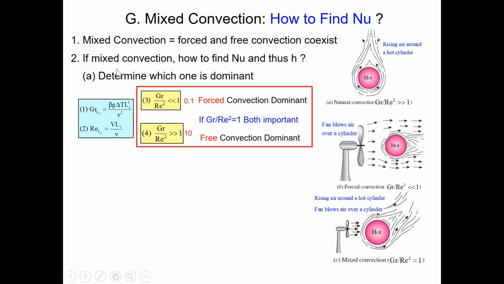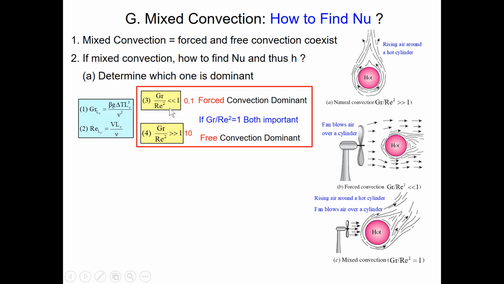Second, if the convection is mixed, have to find the Nusselt number and then heat transfer coefficient. First, you need to determine which convection is dominant. Grashof number and Rayleigh number are defined in equations 1 and 2 respectively.